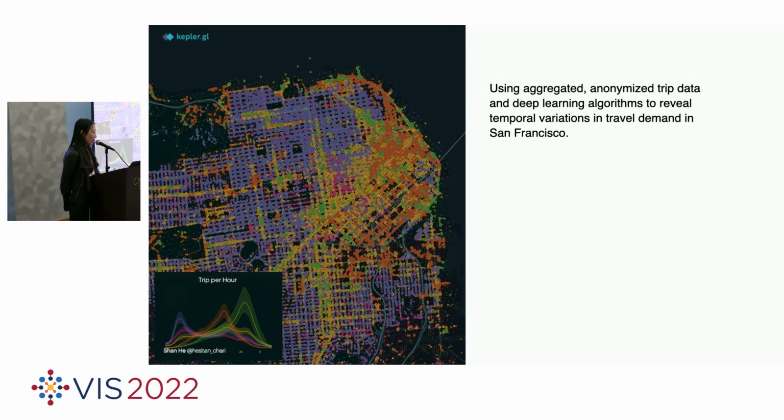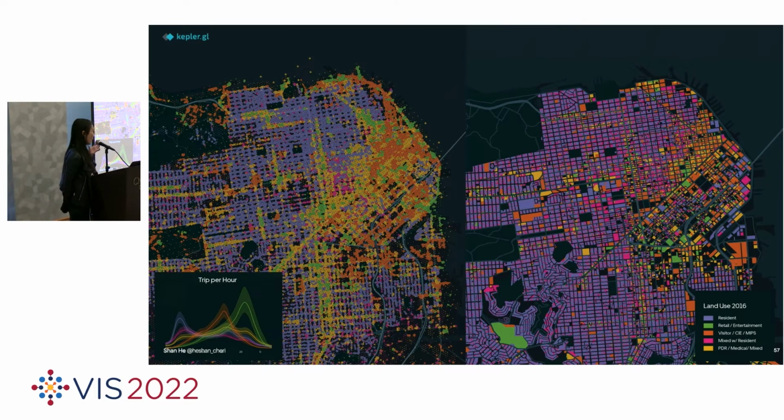It's a very fun activity, and then we actually compared it with the zoning map. Remember, the zoning maps update every 10 years. It gives you a regulation on what kind of building you can build in this area. So when I color the zoning map by residential, retail, entertainment, or office, I can see the correlation.